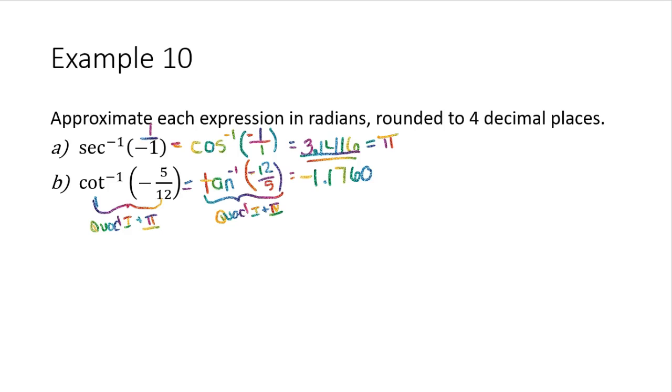So this value that I got is actually an angle that's in quadrant 4. But I want the one that's going to be here in quadrant 2 because the problem asked me for the cotangent. It didn't ask me for the tangent. All right, let's take a look at the picture. -1.176. That's going to be down here.